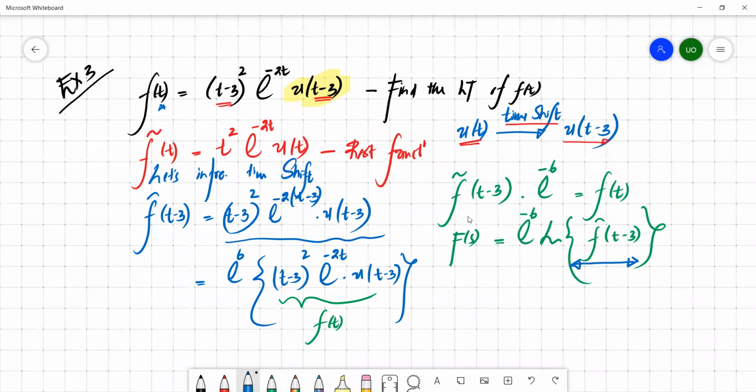How do you get this one? You can just use the tables and properties, and you can simply get the solution for the Laplace transform of this shifted version.